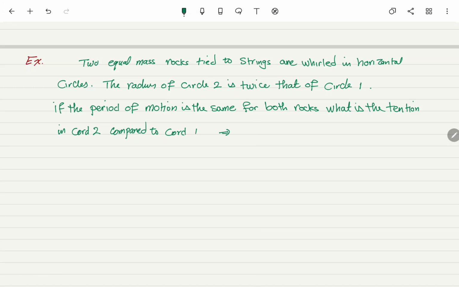Since the period is the same and tension is equal to mv square over r, then v2 is equal to 2v1 and r2 equal to 2r1. So if you substitute this back in here, you will find T2 is equal to 2T1.